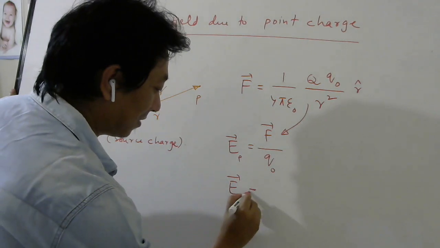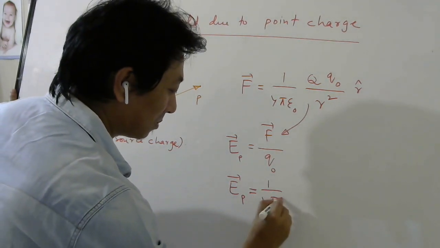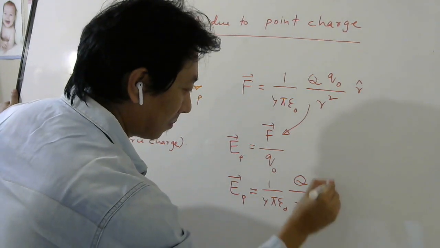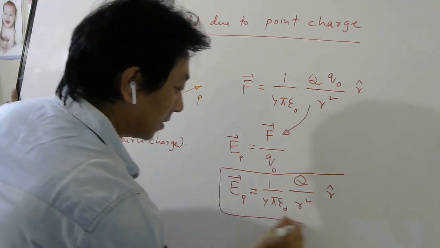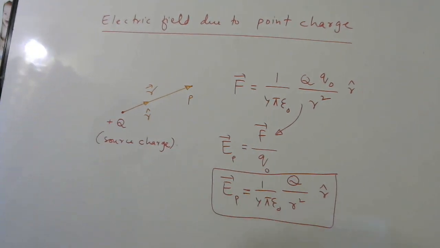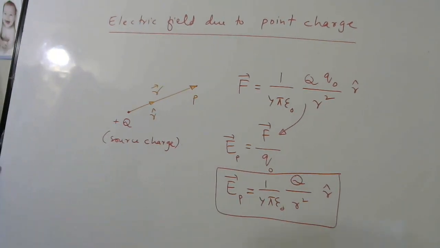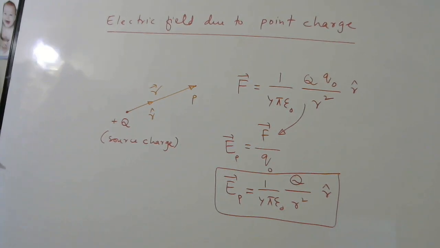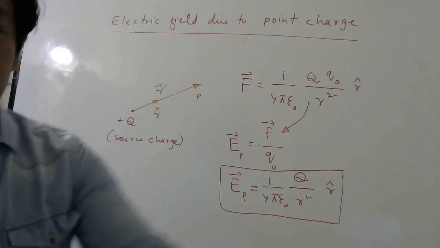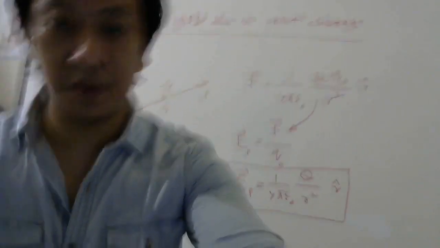So the electric field will be 1 by 4 pi epsilon naught Q by R square R cap. So this is the formula for electric field due to point source charge. Is it clear? Okay, just make a note of this.